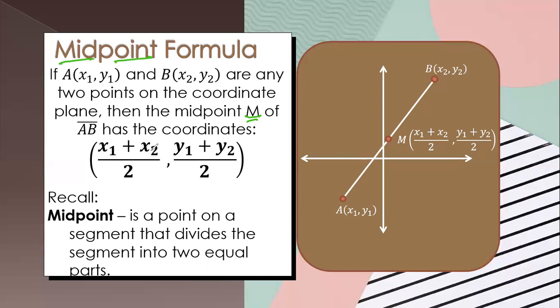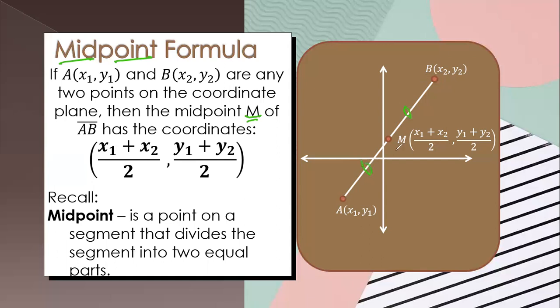So for example, for your x sub 1, get the sum of x sub 1 and x sub 2, then get the half, that is divided by 2, that is the midpoint. So it's just like getting the average of the coordinates. Recall that midpoint is a point on the segment that divides the segment into equal parts. So when we locate the midpoint at the middle, it divides the segment into two congruent parts.